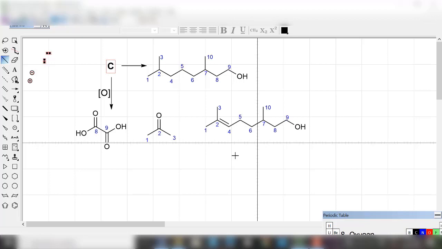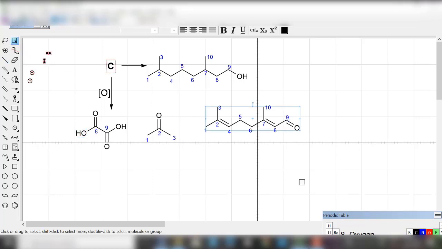Because oxidative cleavage between 2 and 4 will give you propanol. You would also expect carbon 8 to have a C=C double bond as well. So if I put in a C=C double bond between carbon 8 and 7, and of course C9 is not an alcohol, it's actually a ketone, this will give me a hypothetical structure of C.